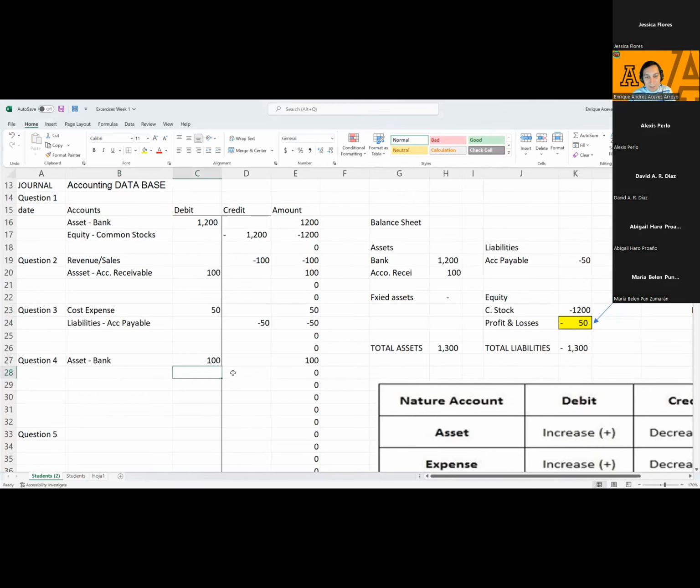And let me help you with this one because it's not that easy. Guys, this is a matter of reclassification of an asset, because you don't have a debt. Somebody is paying you. Remember that you had an account receivable, which is the right to claim.